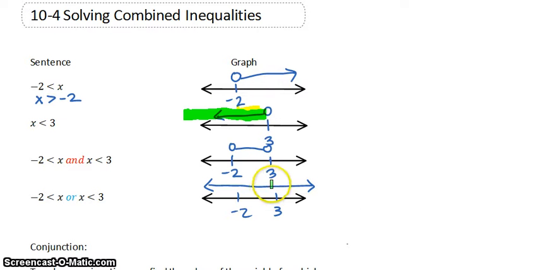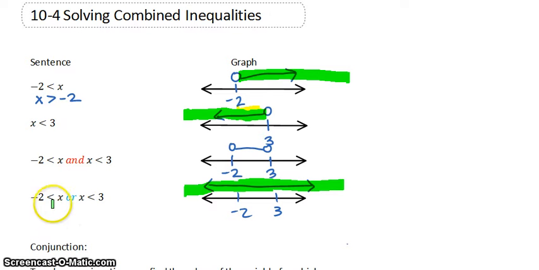So everything from here and here works, because at least it's true for x is less than 3. But we also have everything from here to here works. So if I bring it down, anything from right here would work, because no matter what number I pick, it's either -2 is less than x, or x is less than 3. It's being covered by everything.